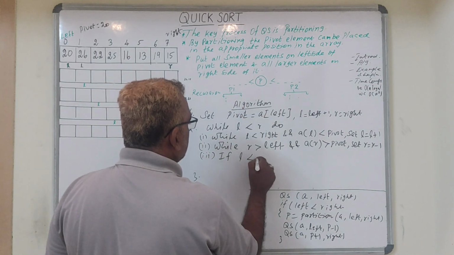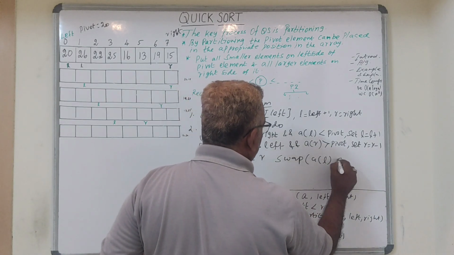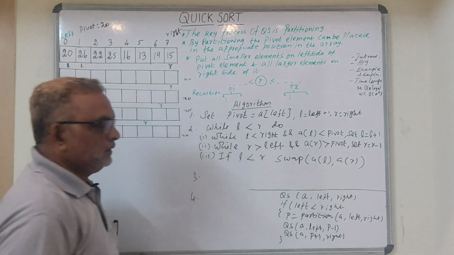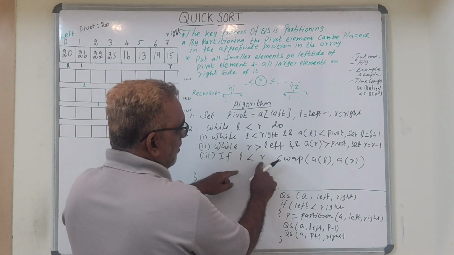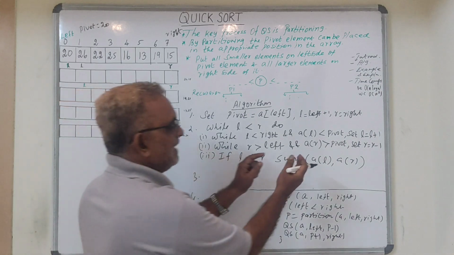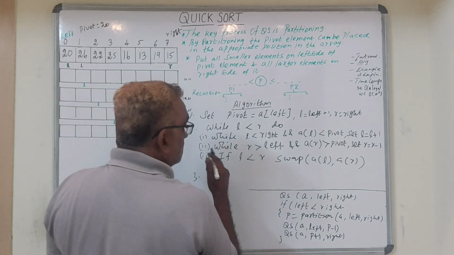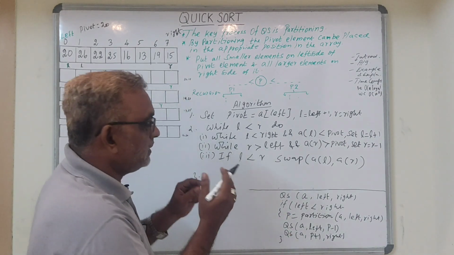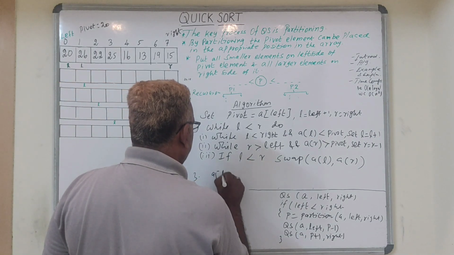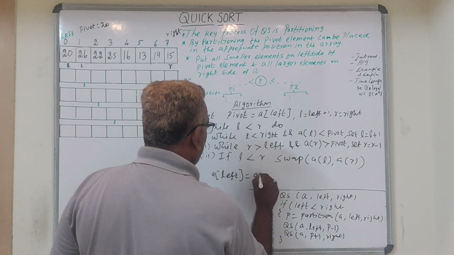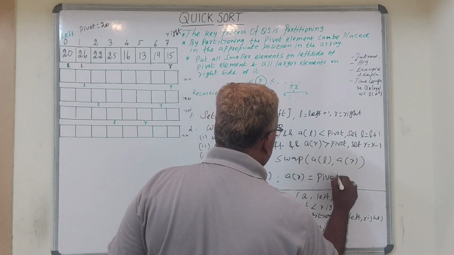The third thing is to check the condition again: if L is less than R, swap A of L and A of R. If this condition is false, that is, L is not less than R, we store the pivot value in A of R. That can be written as A of left is equal to A of R, and in A of R store the pivot.